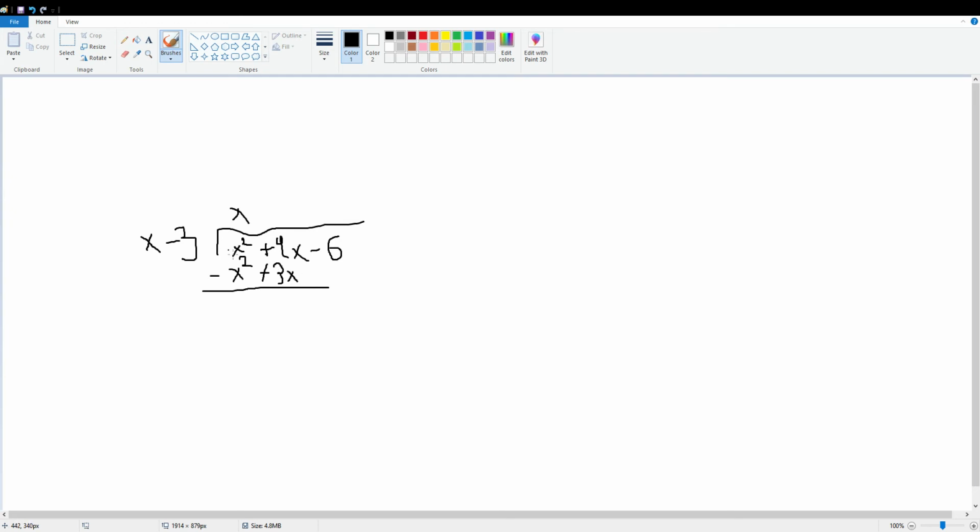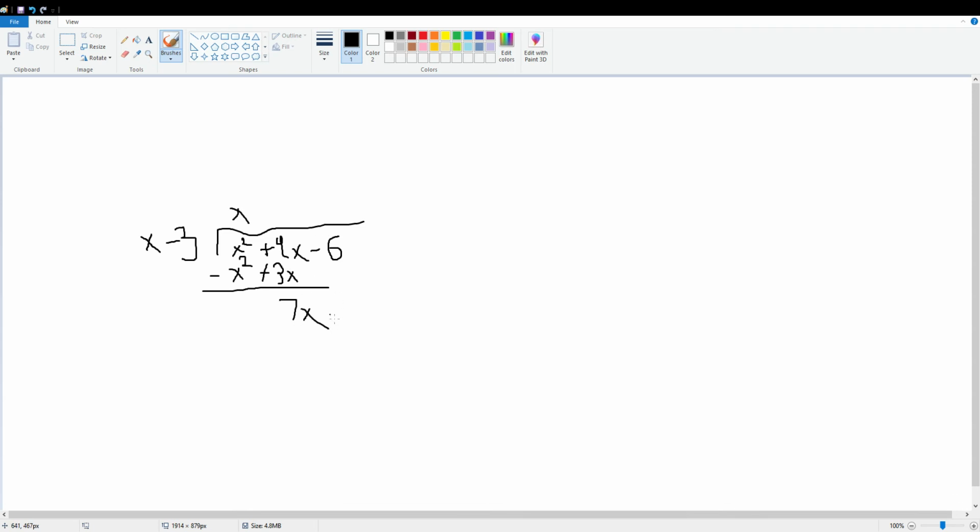It's kind of like saying you're adding x squared instead of minusing it. So now those two cancel out and we're left with 7x.